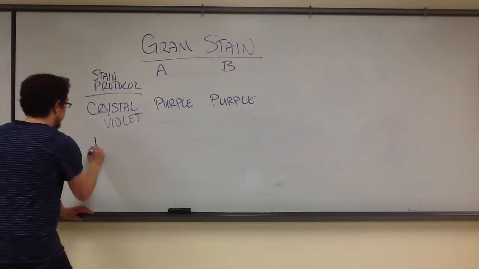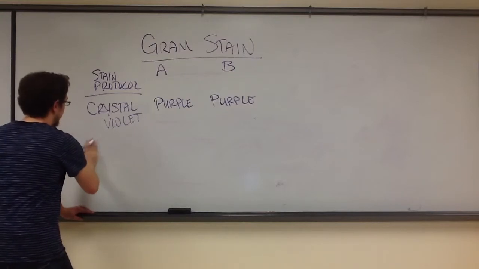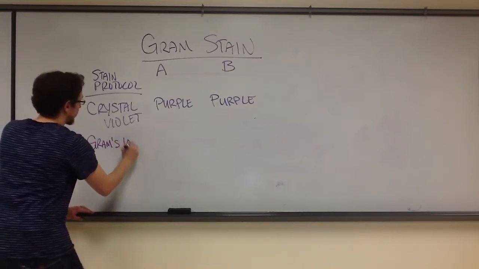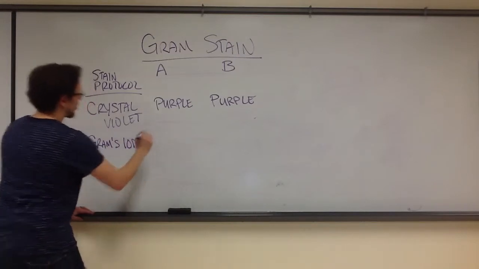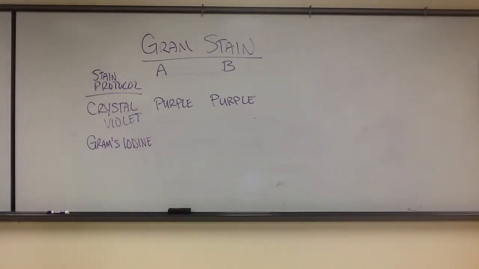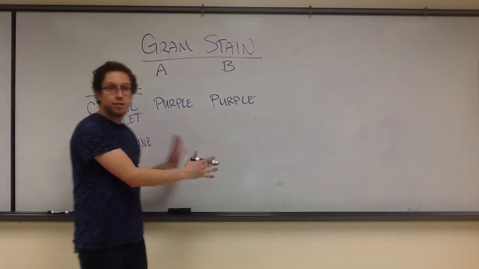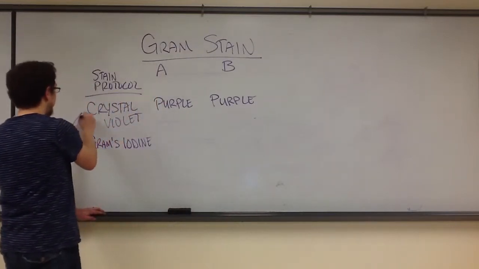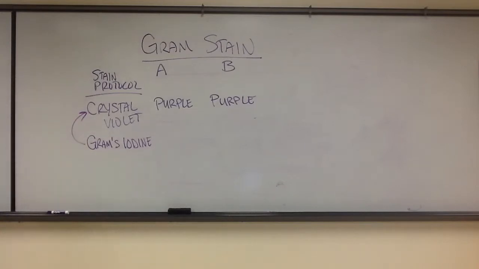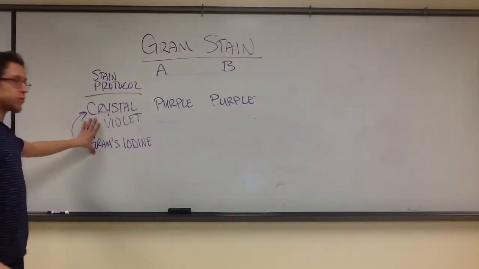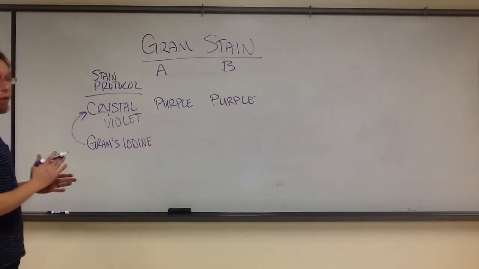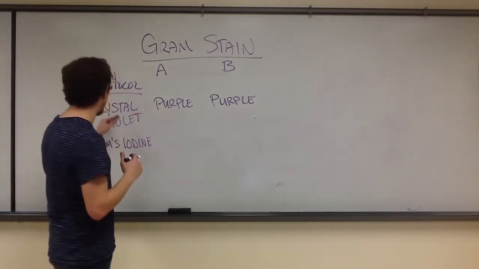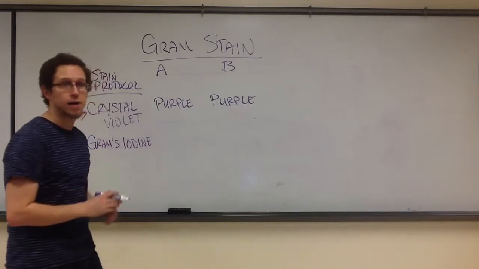Next, I'm going to add a substance called Gram's iodine. Gram's iodine is not used to stain the cells. Instead, what Gram's iodine does is it interacts with crystal violet. And when it interacts with crystal violet, it forms the crystal violet iodine complex, which is a huge complex compared to either crystal violet or iodine by itself.